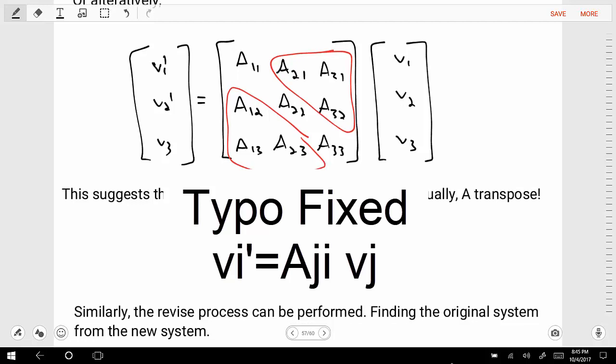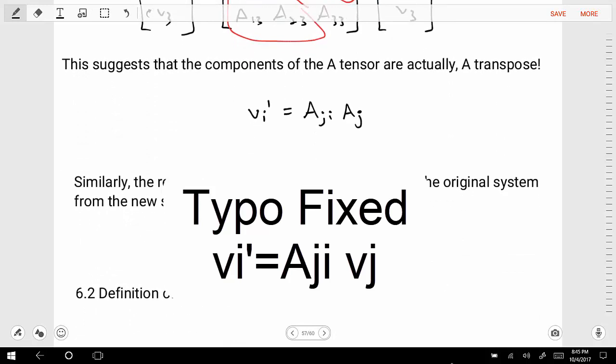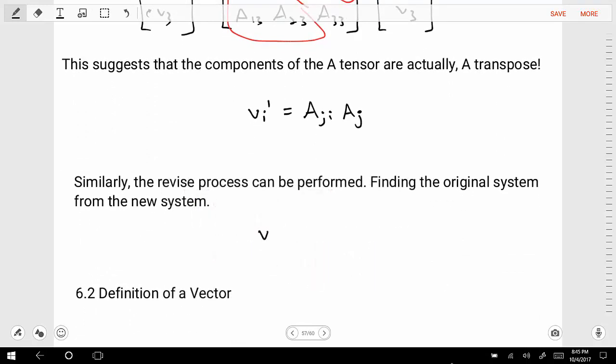And when we reverse the process to revert back, we transpose in the opposite direction, so we switch the indices of this tensor.